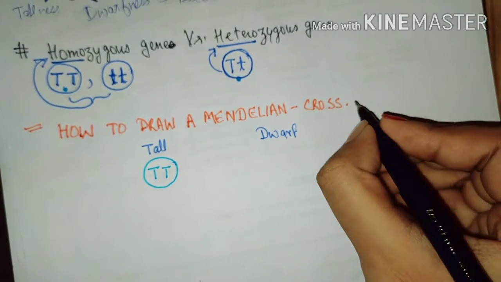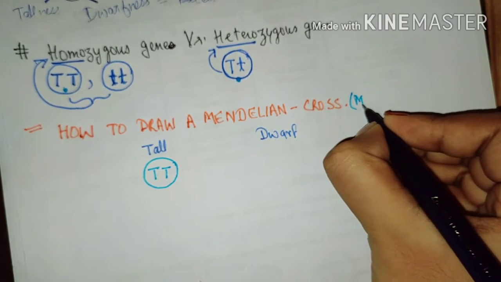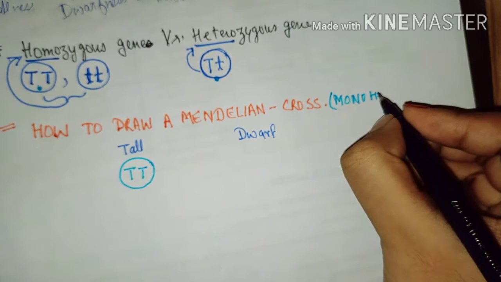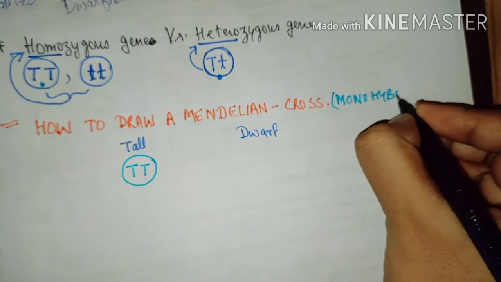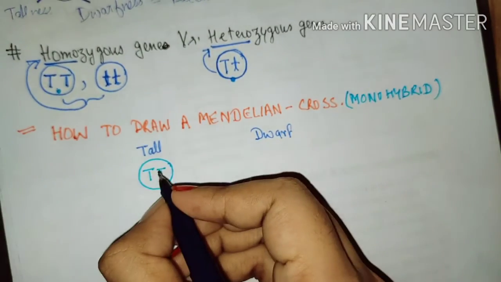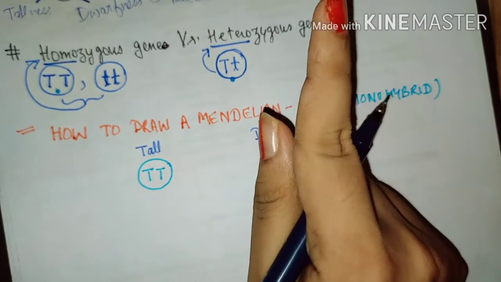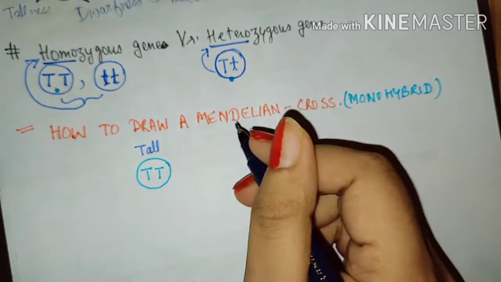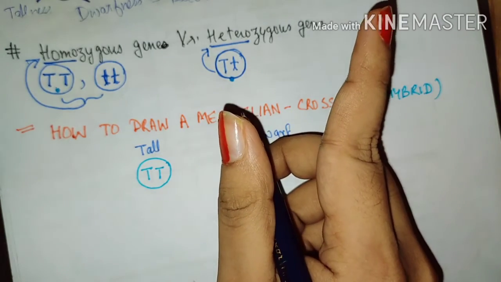I am beginning with the monohybrid cross. Monohybrid cross means only one gene I am considering. Only one gene means the gene for the stem height. Only one character, stem height.